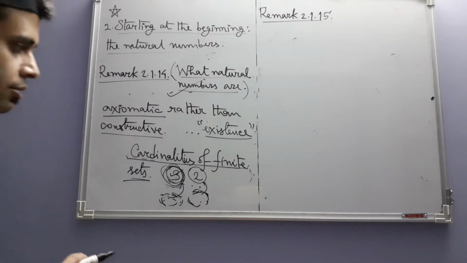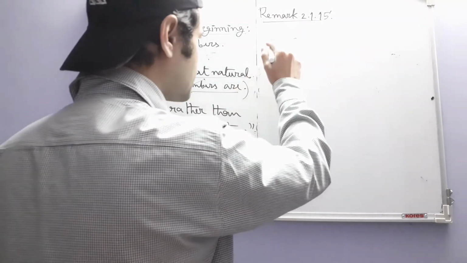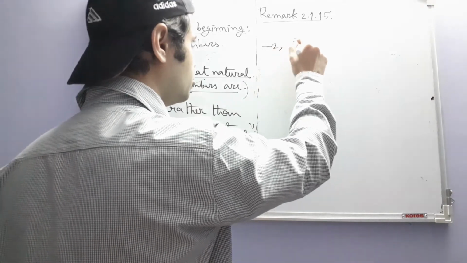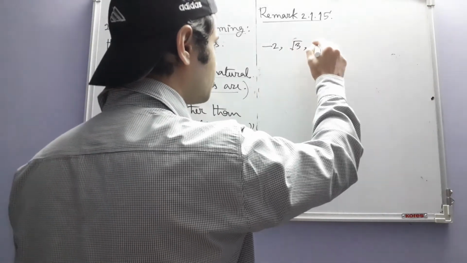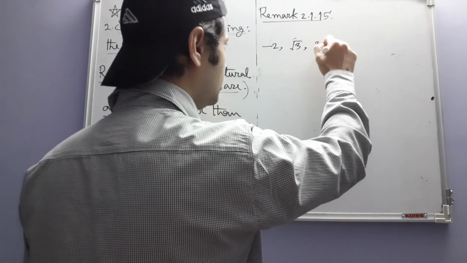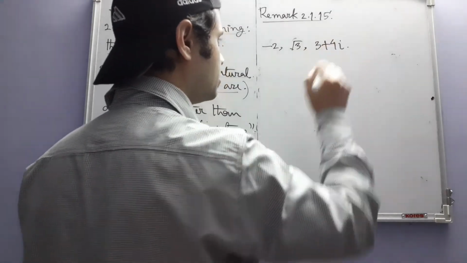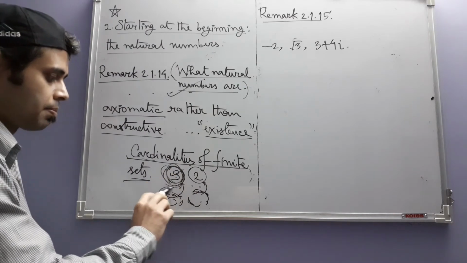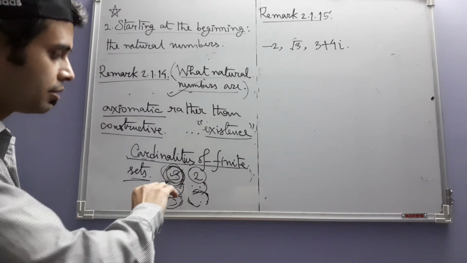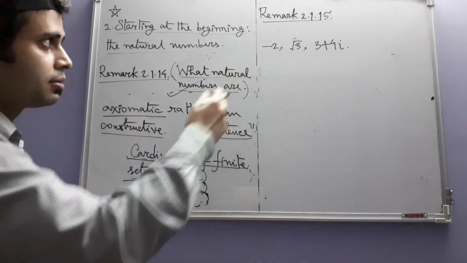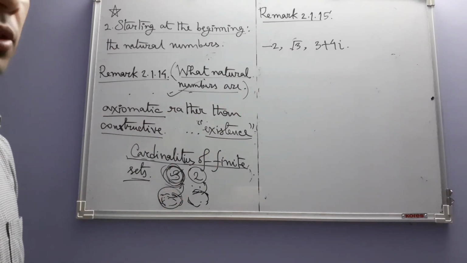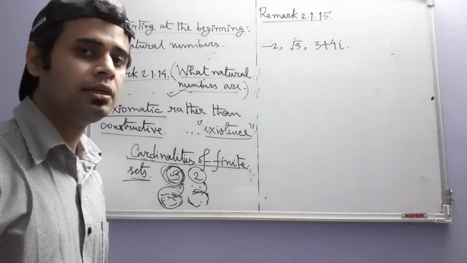But if we try to conceptualize other numbers, say -2 or √3, or for example 3 plus 4i, then they are not associated to counting sizes of sets or measuring sizes of sets in any way.